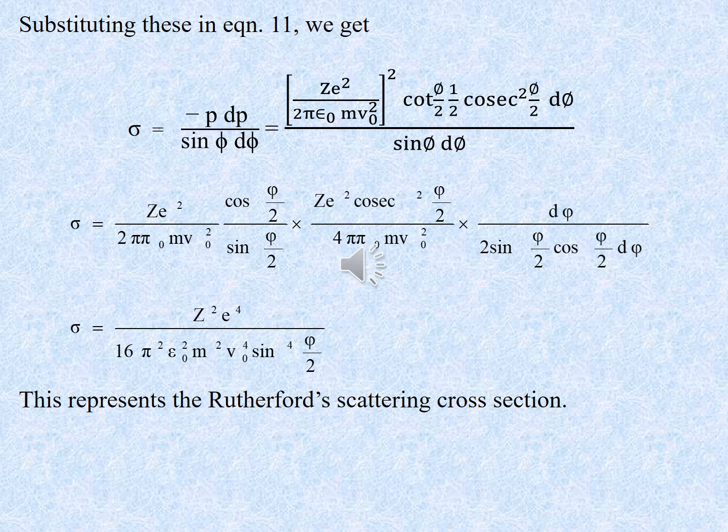Substituting the above values in equation 11, we get the final equation: σ is equal to Z²e⁴ by 16π²ε₀² m² v₀⁴ sin⁴ φ/2. This represents the Rutherford's scattering cross-sectional area formula.